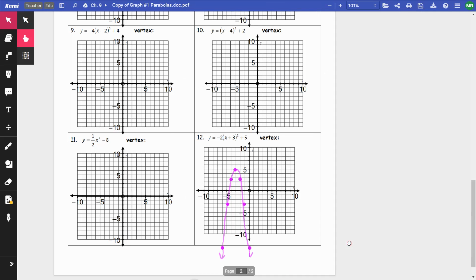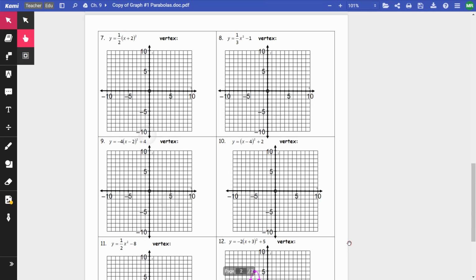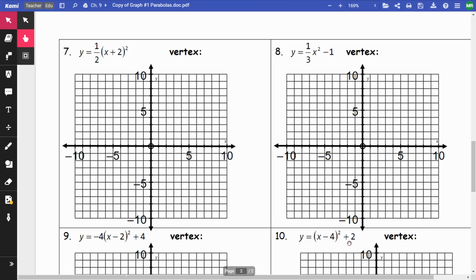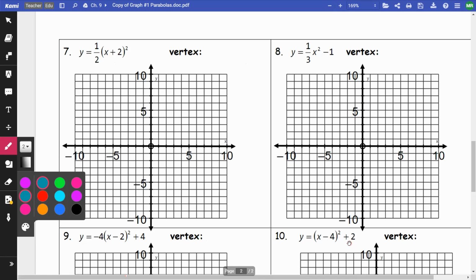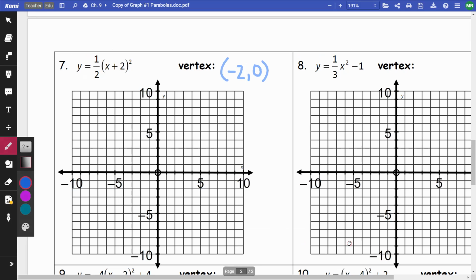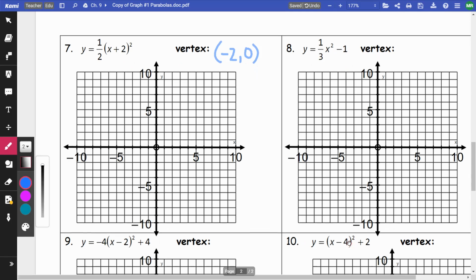Now, if I'm doing one with a different number, it's going to be the same idea. So for example, this 1/2 here, first off, this vertex is going to be at -2, 0. And I am going to plot this. Now my stretch is a 1/2. So as I go out 1 squared is 1, times it by a half. So I'm at a half.